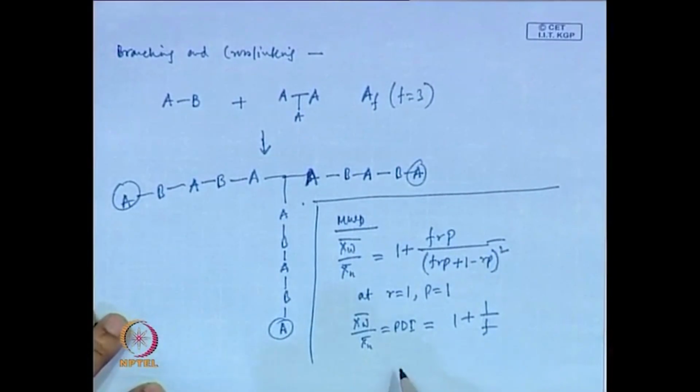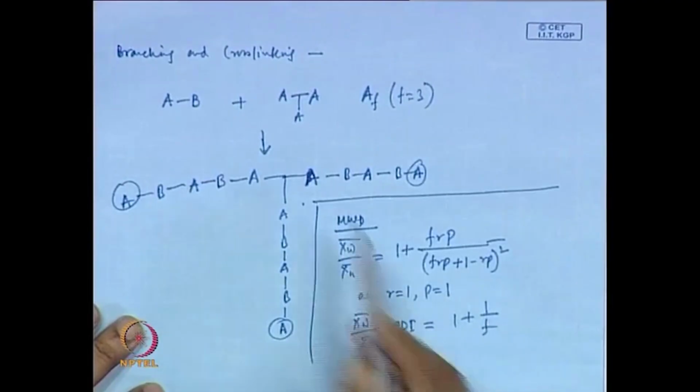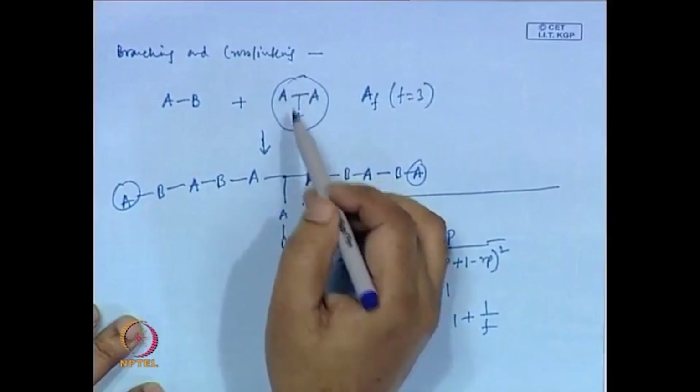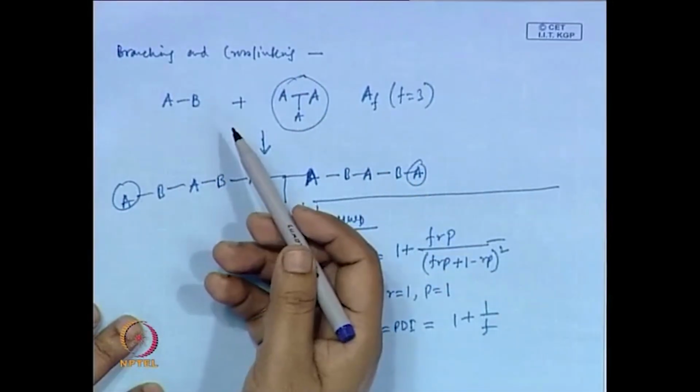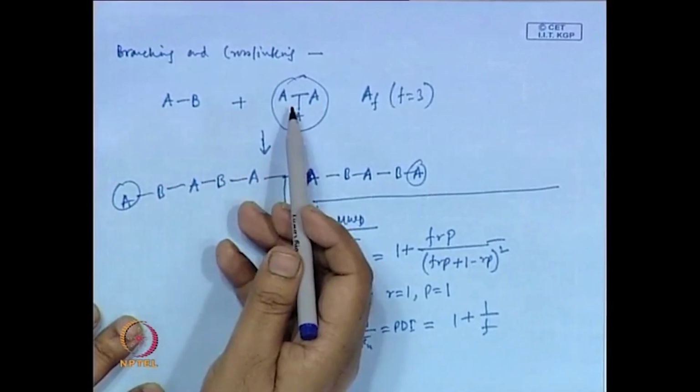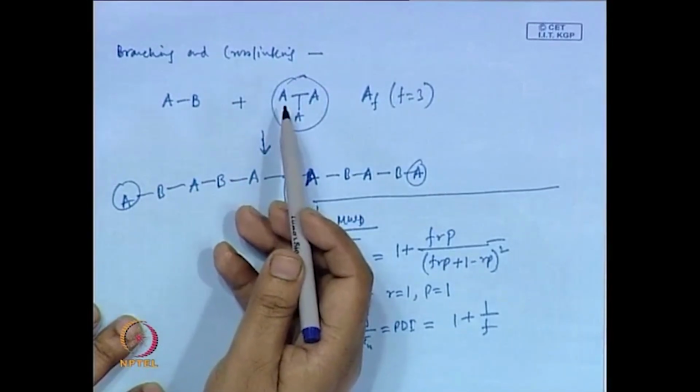If f is 1, so if I take this molecule as just one monofunctional group, then obviously, as we discussed earlier, it will be like a linear polymerization with presence of a small amount of monofunctional group.